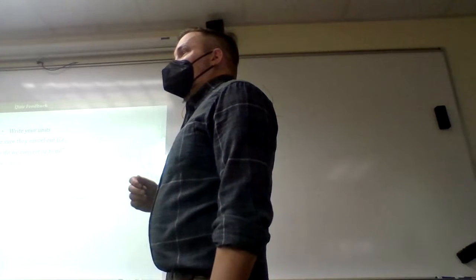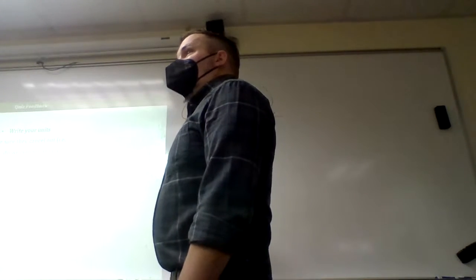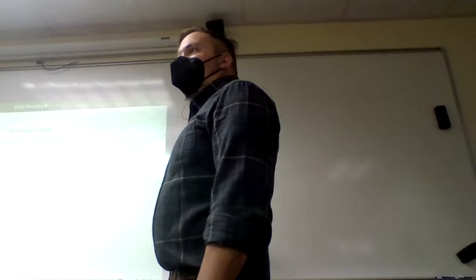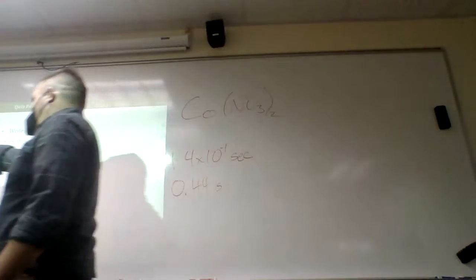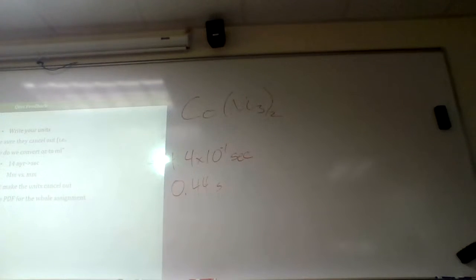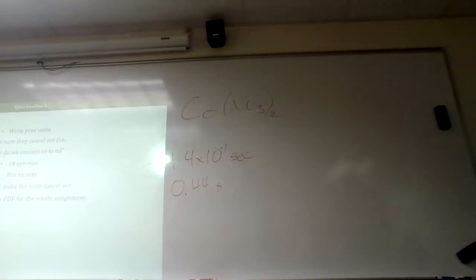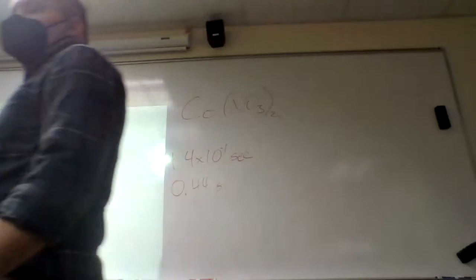If you did 14 years to seconds, that's what you would get, because you're off by 10 to the 9. It's the same decimals, but off by 10 to the 9, which means nano didn't get taken into account somewhere.